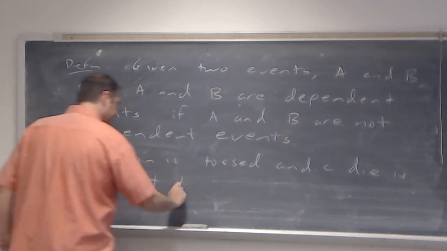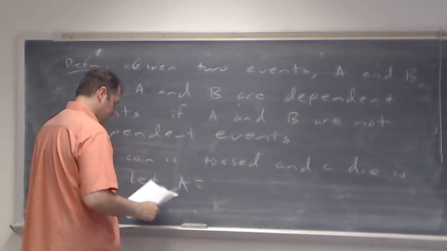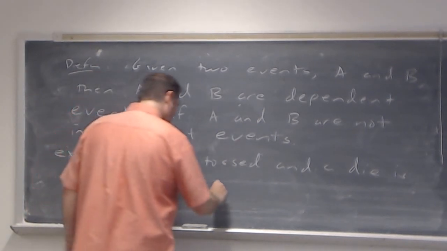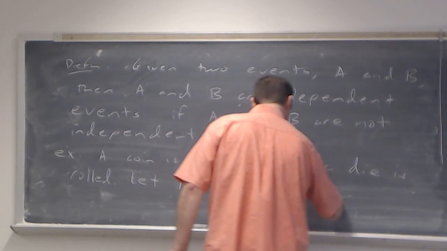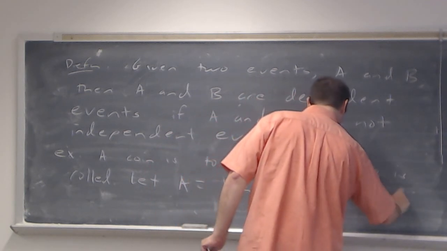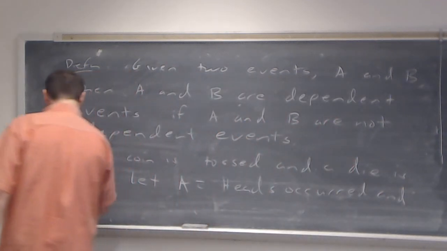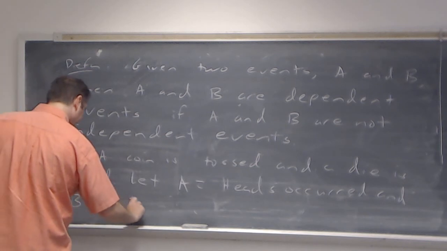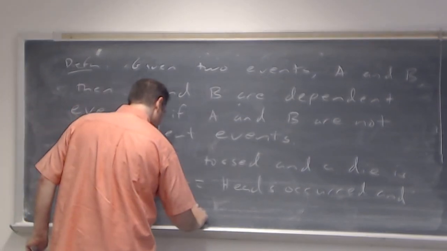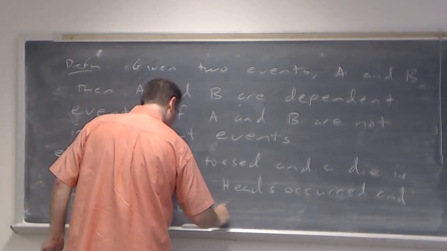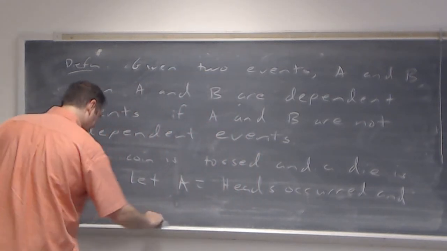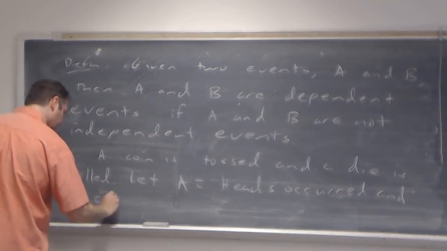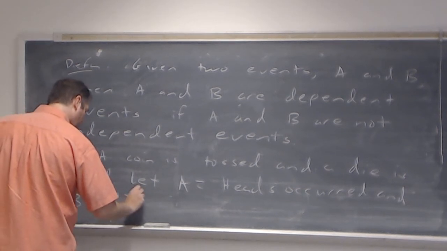Let A be the event that heads occur, and let B be the event that a 3 occurred.